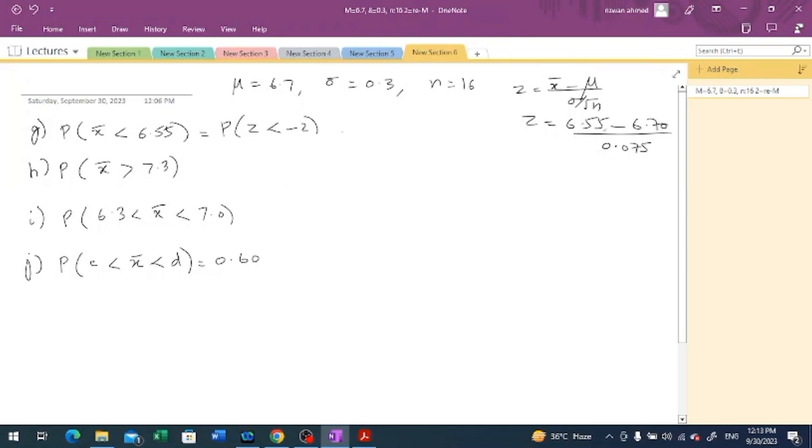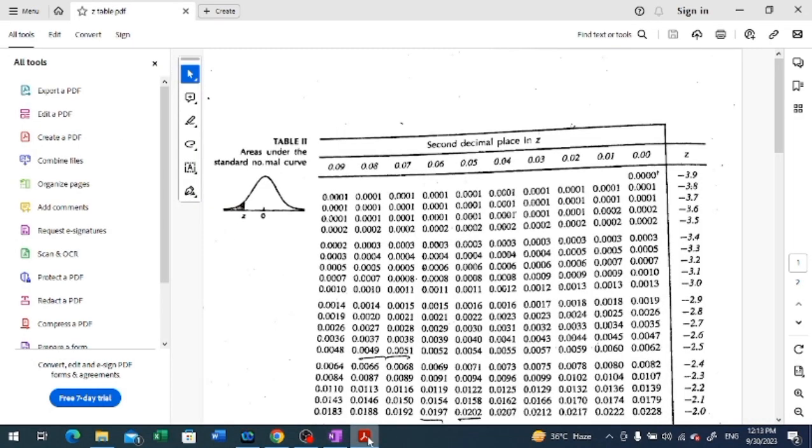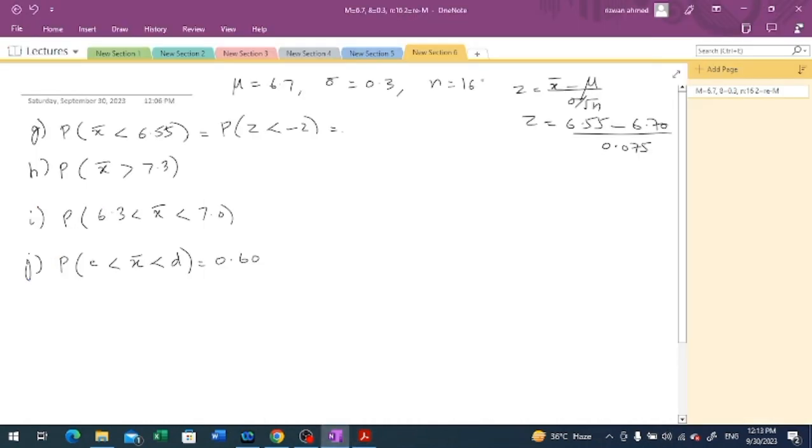When we check the probability from the z table, across minus 2 it gives us the probability of z as 0.0228. So the probability of getting the sample mean value to be less than 6.55 is 0.0228.